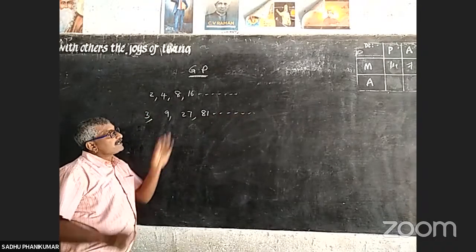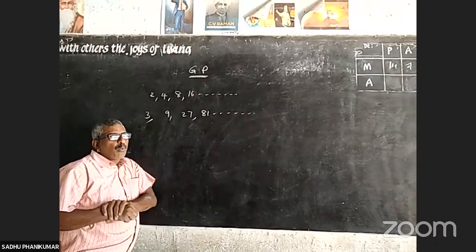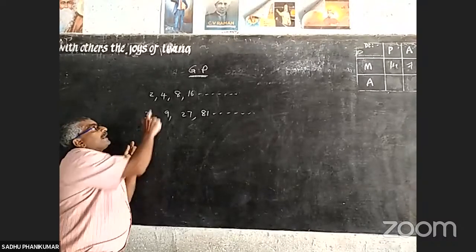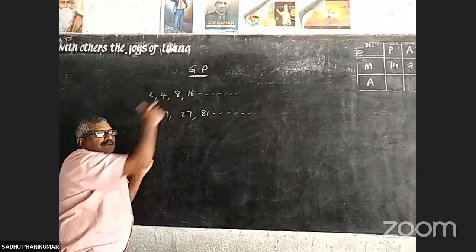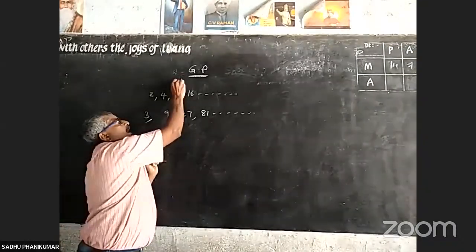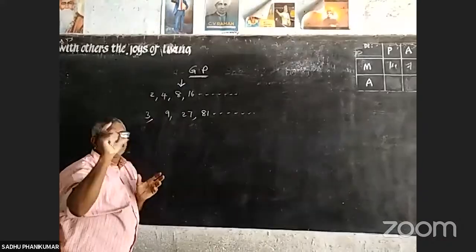If you observe these sequences, what I am able to find is that every term is obtained by multiplying its preceding term by a fixed number.